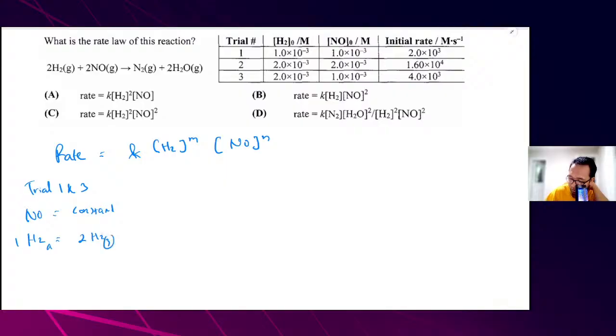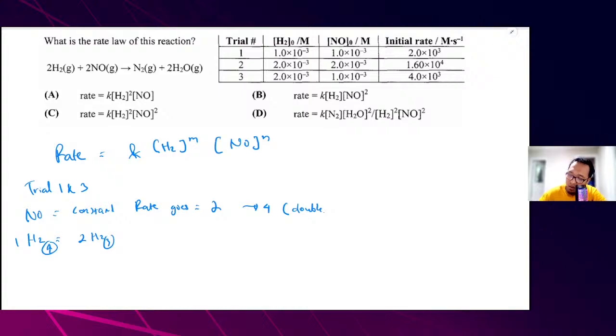The rate goes from 2 to 4, so the rate also doubles.